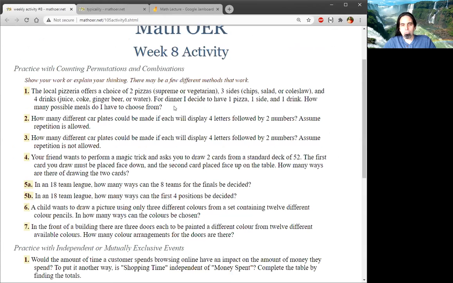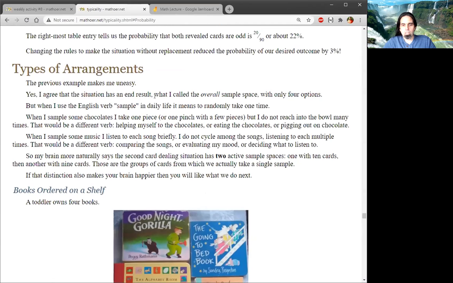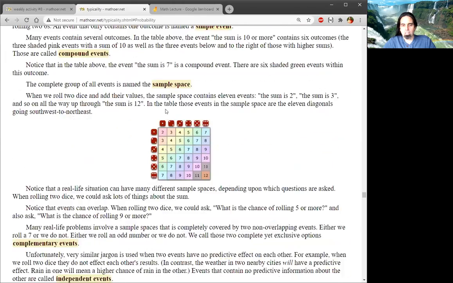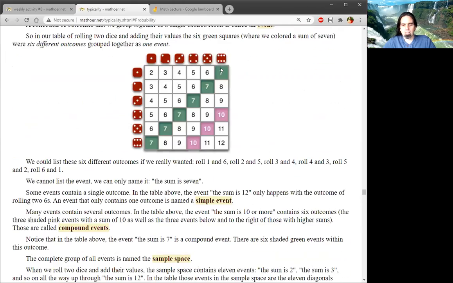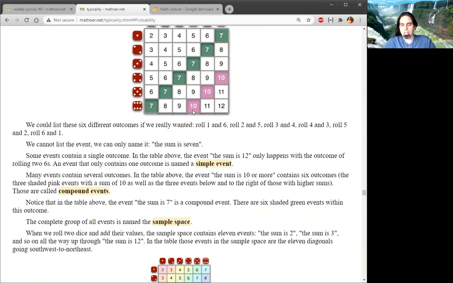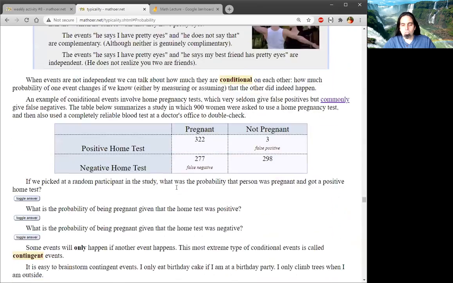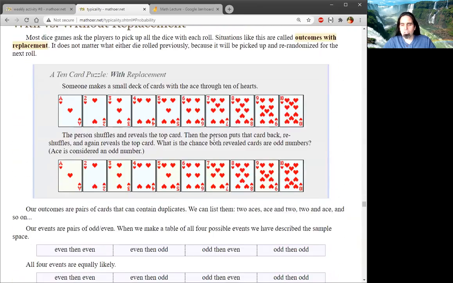So this is a good follow-up thing, that for 2 dice, we could draw a table that had all of the outcomes, all 36 outcomes, and even all 11 of the events, the 11 different sums. When we got a little more complicated with a deck of 10 cards, I didn't want to draw all of the outcomes.